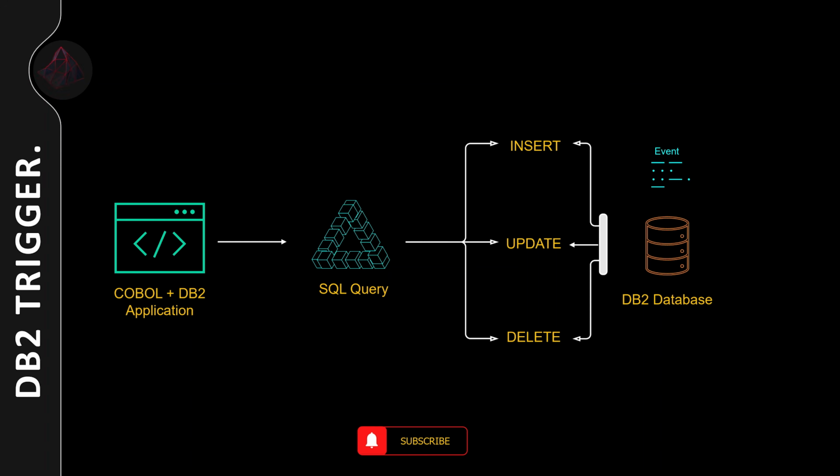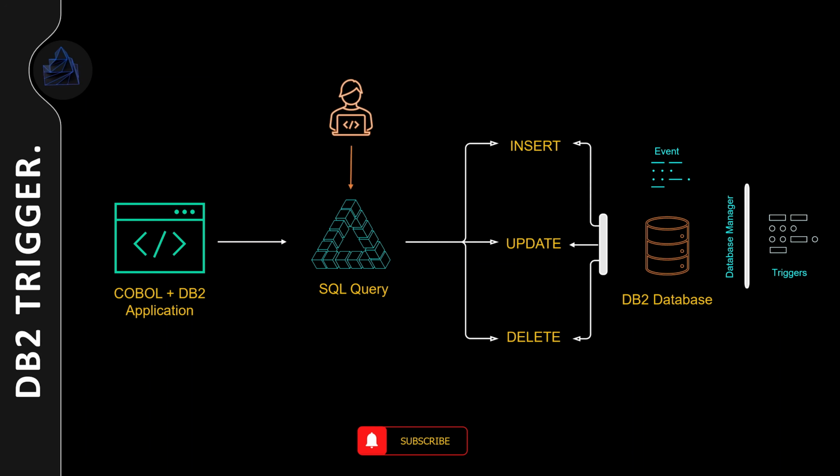The DB2 database treats this data modification operation as an event, and as an action to this event, the database manager will automatically fire the trigger which is defined on that individual table. And remember, it is not possible to bypass a trigger in case it is defined on an individual table. So even if you try to execute an SQL statement with the help of any tool, even then the triggers will be invoked by the database manager.